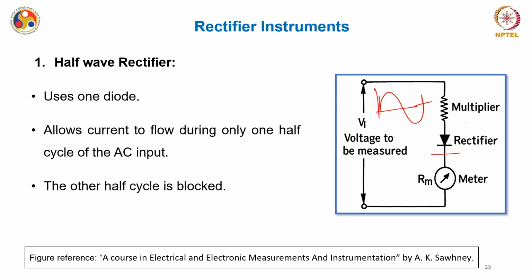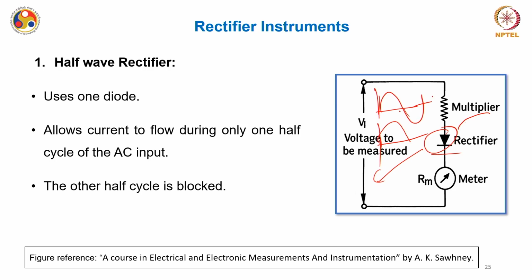The diode starts conducting at say 0.7 volt, but ideally we are considering 0 volt. When the voltage is rising from 0 to a certain positive value, the output will follow the input, and you will have this kind of output.